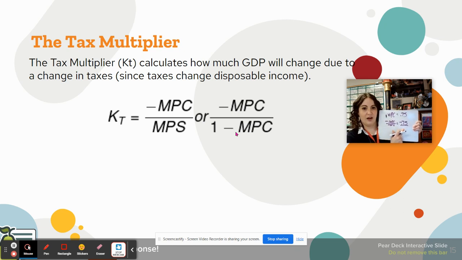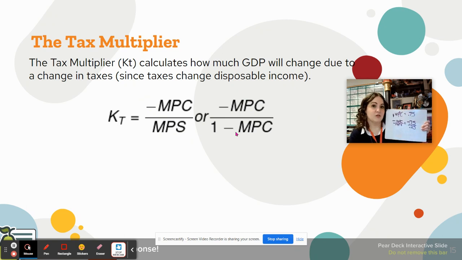So negative 0.75 divided by, well, MPS. But remember, MPC plus MPS is always equal to 1. And so if MPC is 0.75, MPS has to be 0.25, because 0.25 plus 0.75 added together equals 1.